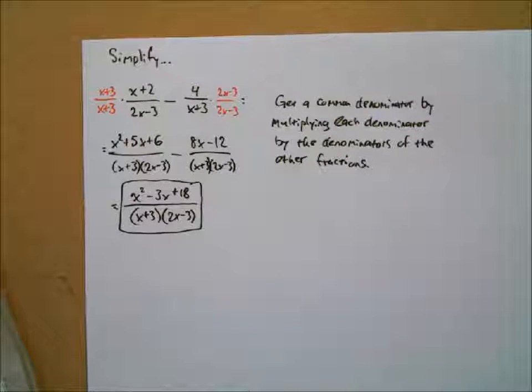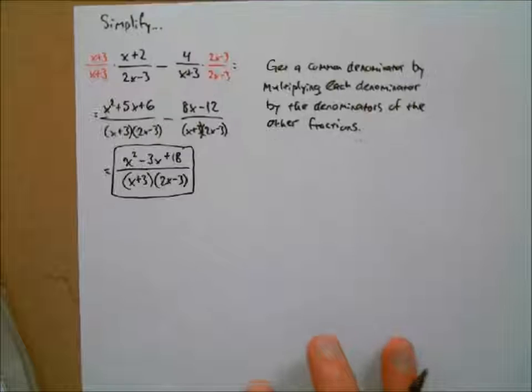That's kind of like the brute force method of getting a common denominator, right? I'll show you how we can use strategy in a little bit. But first, I'm going to give you one to try. Here's one for you.